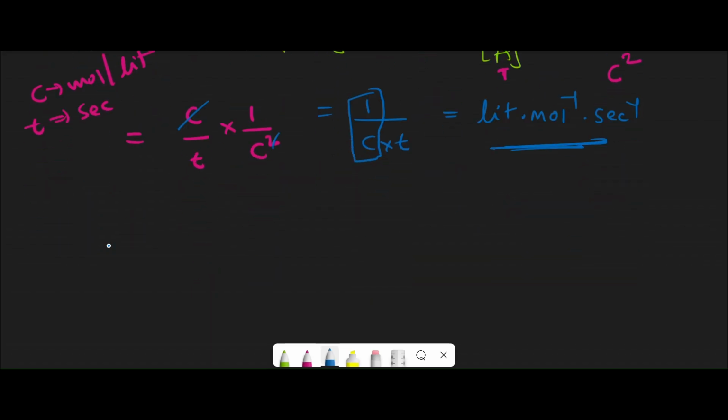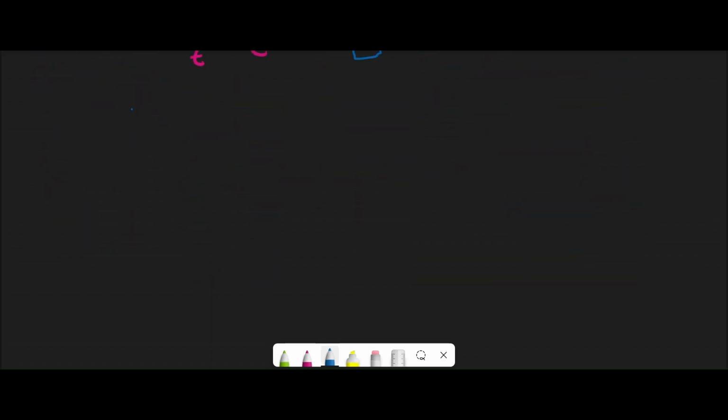So generally I'm writing for the nth order. Suppose I'm taking an nth order reaction. As usual I'm writing the rate law as r equal to k into a power n. Now we need to calculate k, that means r by a power n. So I am going to derive a general formula, so there is no need to calculate every time for first order, second order.